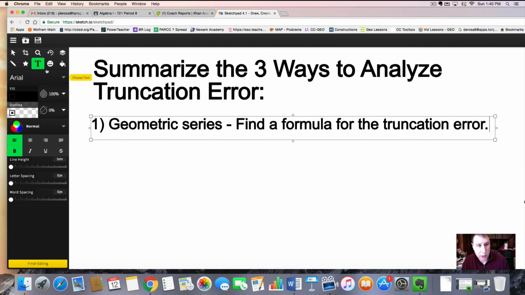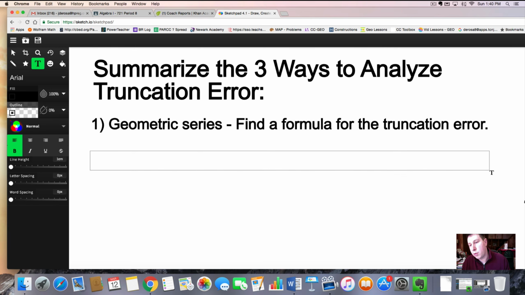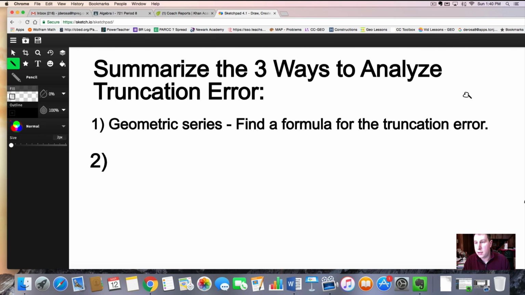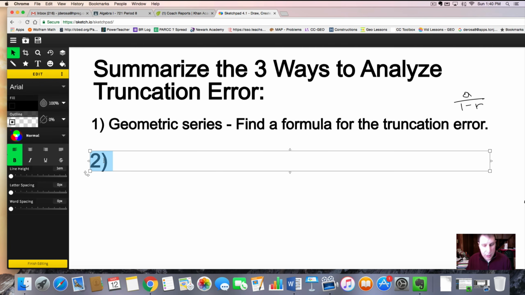If you look back at the early part of the packet, we used geometric series. You have a polynomial, you cut it off, you have another infinite series, and you can factor it out using that a over 1 minus r formula to find a formula for the truncation error. So you will invoke a over 1 minus r in that process. The next way is the alternating series test, which we looked at in example 6. For that, you want to check, does it meet the 3 conditions?